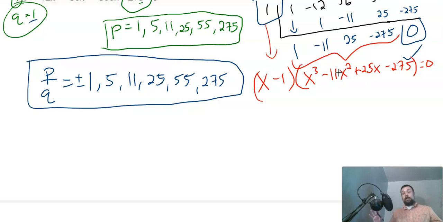That's the point at which you don't need synthetic division anymore. You know how to factor or solve a degree 2 polynomial without all these extra tools that we're learning in this section. But we have to get it down to degree 2 first before we can be certain to be able to solve it without synthetic division and P's and Q's and all that stuff.